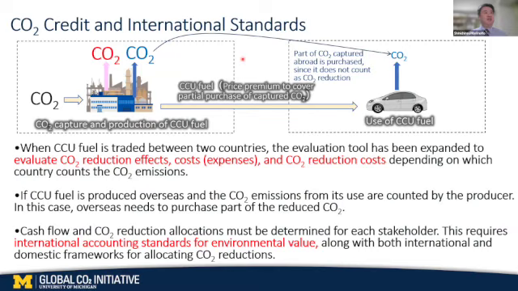But if the CO2 emission is accounted for Japan, then Japan must pay a certain amount of money to buy a CCU credit from the US. So for this kind of CO2 credit buying and selling, we have to precisely estimate what the profit is and how much CO2 can be reduced.